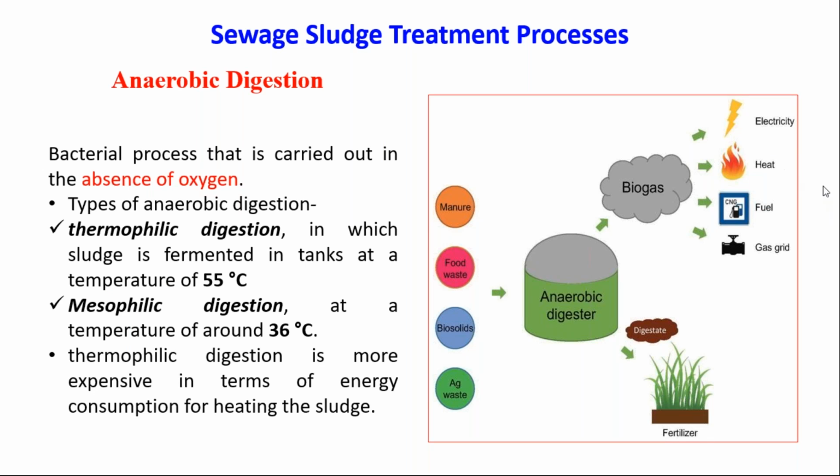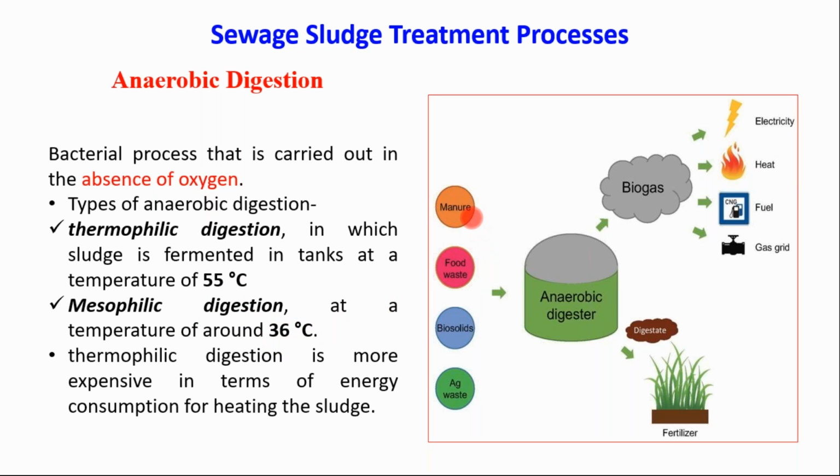Anaerobic digestion means the decomposition or bacterial process in the absence of oxygen. There are two types of anaerobic digestion: thermophilic digestion, operated at 55 degrees Celsius, and mesophilic digestion, where the fermentation is at 36 degrees Celsius.